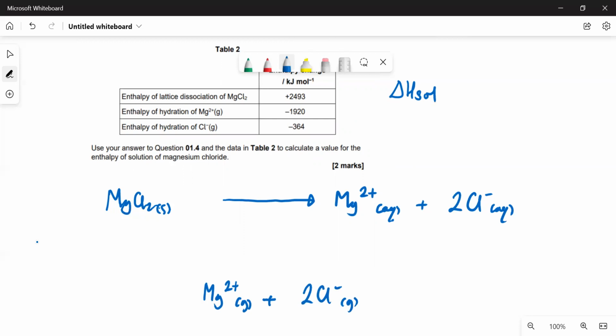Let's draw the arrows in red. This red arrow here, we're turning 1 mole of ionic lattice into gaseous ions. So that's going to be the lattice enthalpy of dissociation, which is going to be plus 2493.